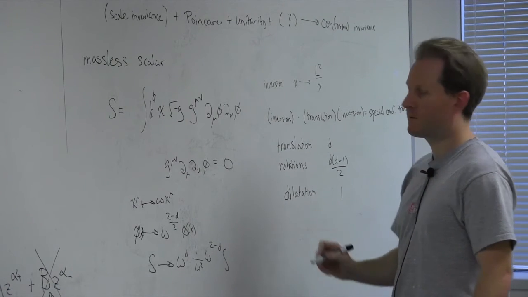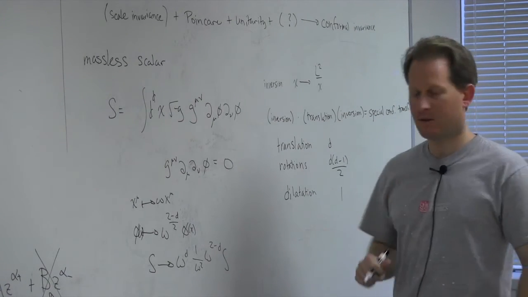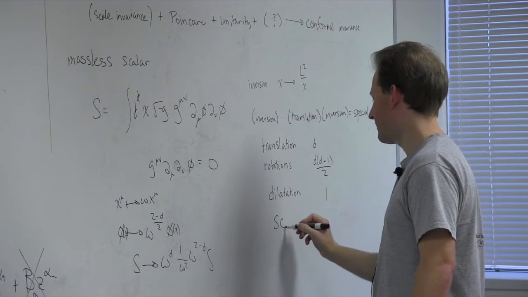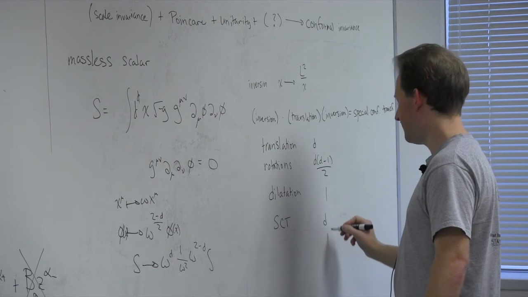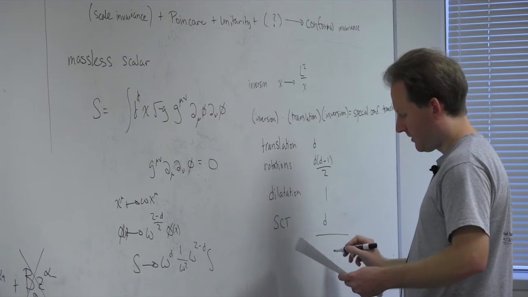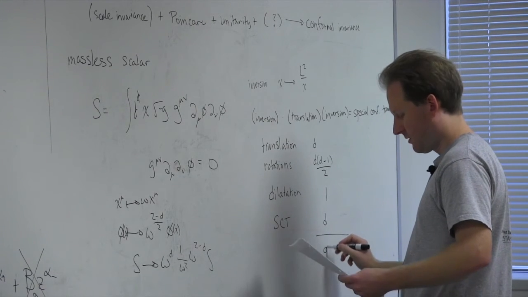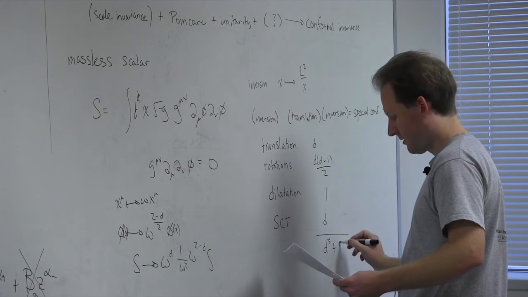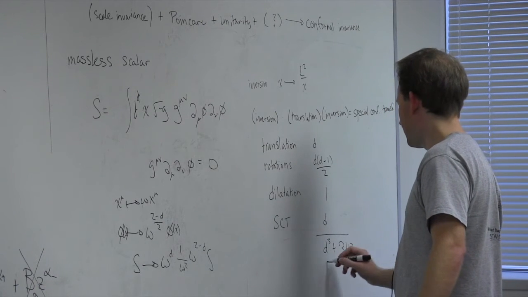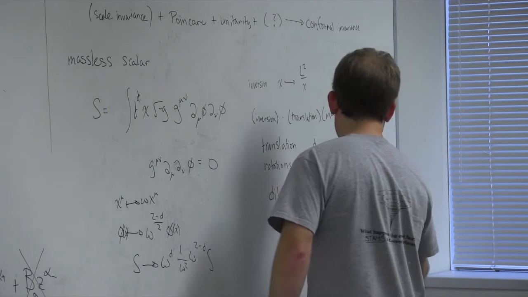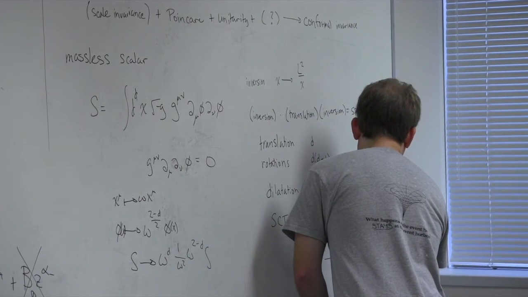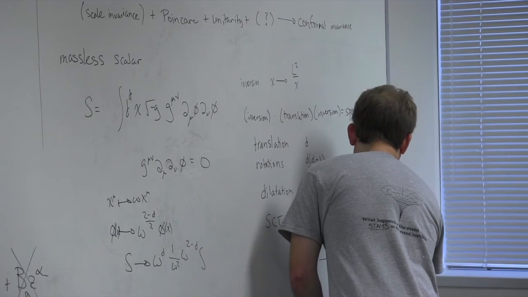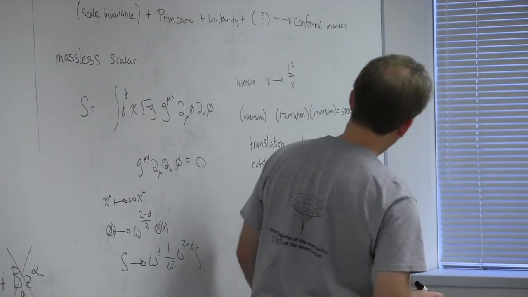And then I have a special conformal transformation for each direction I can translate, so that's another d. If you add them all up, you get (d+1)(d+2)/2, hopefully. Yep.